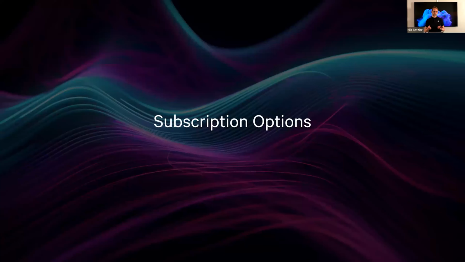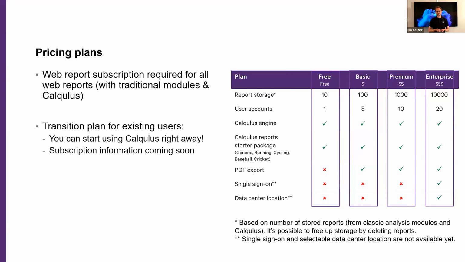In terms of subscription options, how are we handling that? We will be requiring web report subscriptions in the future. And this is no different from storing pictures on your phone or other cloud services. We are storing the reports, and based on that, one factor that differs between the different plans is how many reports you can store. You can see on the right-hand side, you can store 10 reports for free.